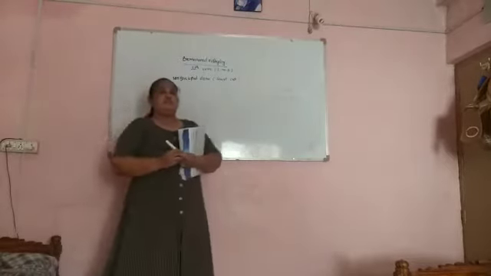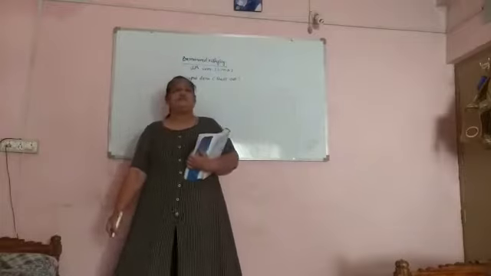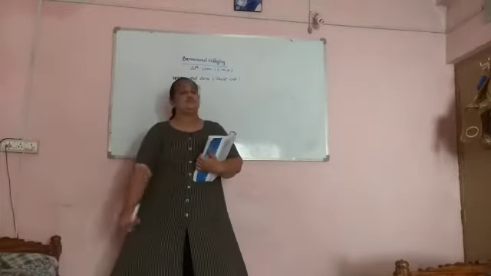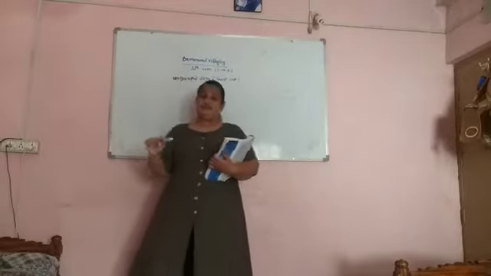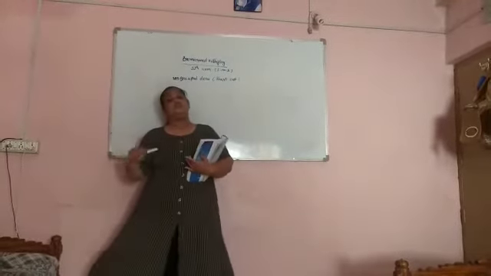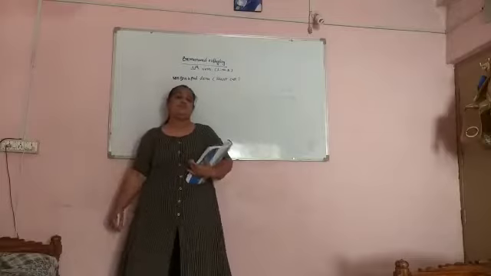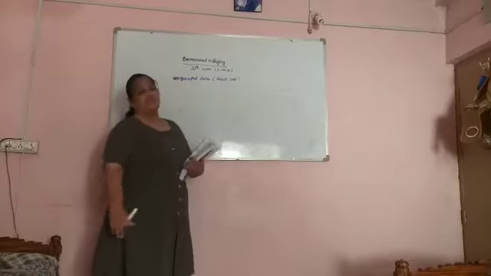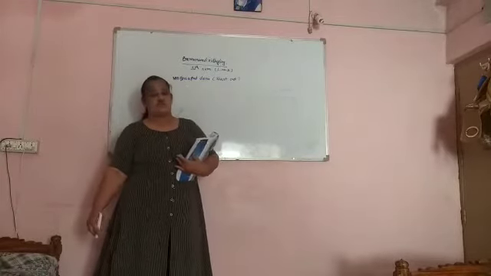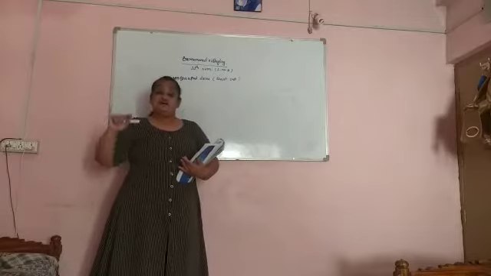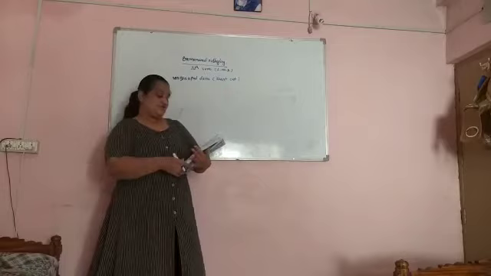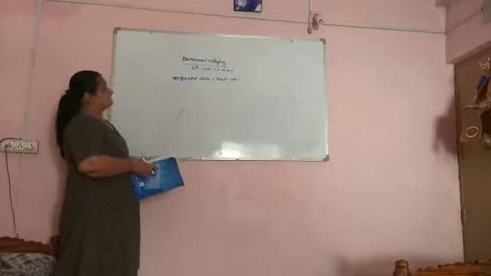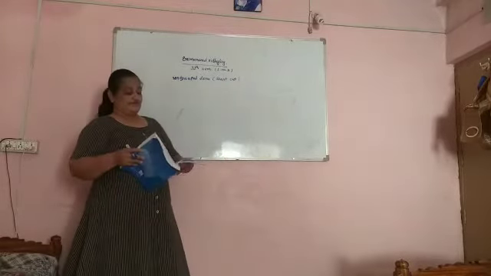In a shortcut method, the sum is not short or the procedure is not short, but the numbers are short. So the data we are given, we convert into a short form. It's called a shortcut method.